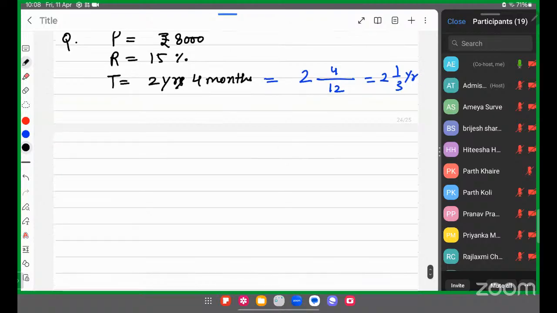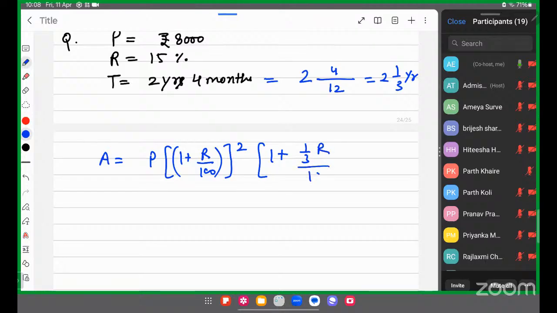So to calculate A, we have to use a different formula, which is P into 1 plus R by 100 raised to power 2, and 1 plus 1 by 3 R by 100. Am I right?